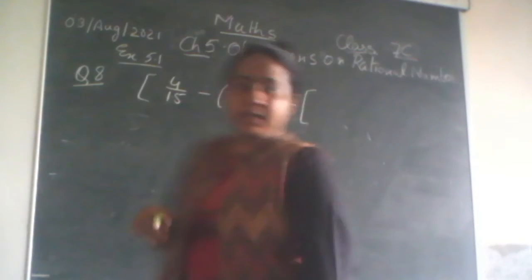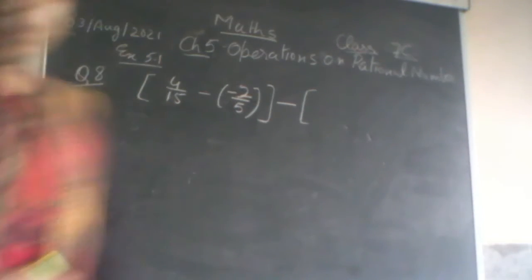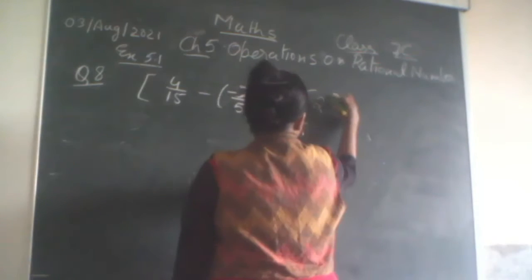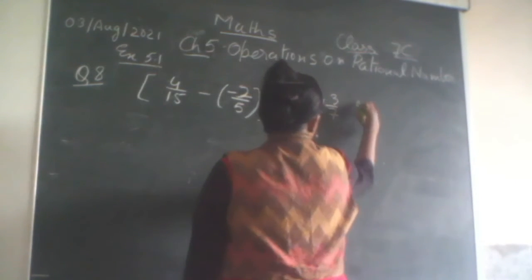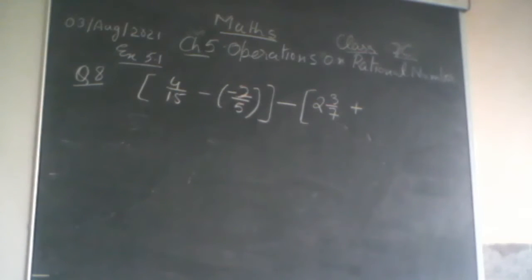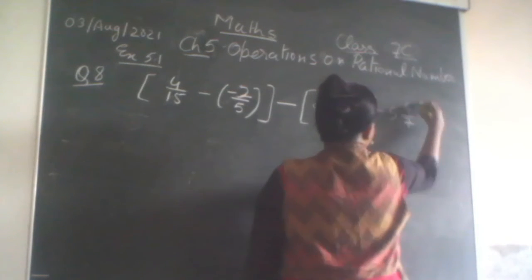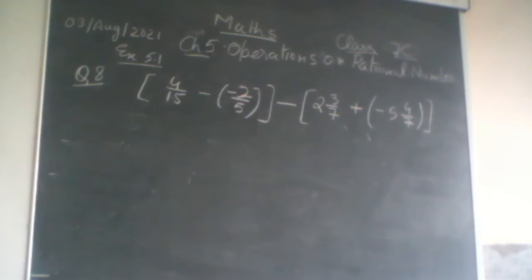Then square bracket starts, and the sum part: 3 by 7 plus minus 5 whole 4 by 7, right? Have I copied the question correctly? Cross check the values, then we can start the calculations. Yes, ma'am.